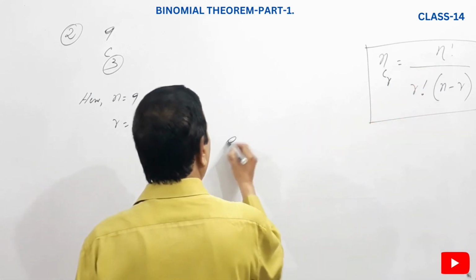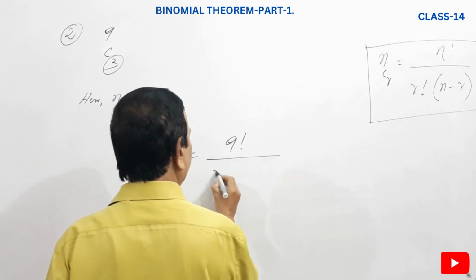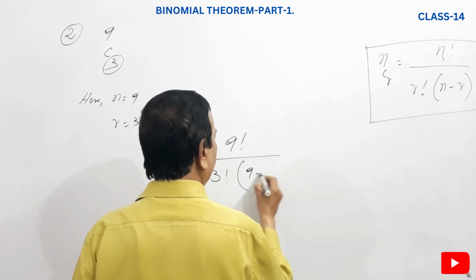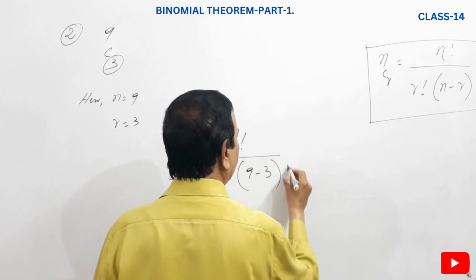9 factorial divided by r, which is 3 factorial, into n minus r, 9 minus 3, factorial.